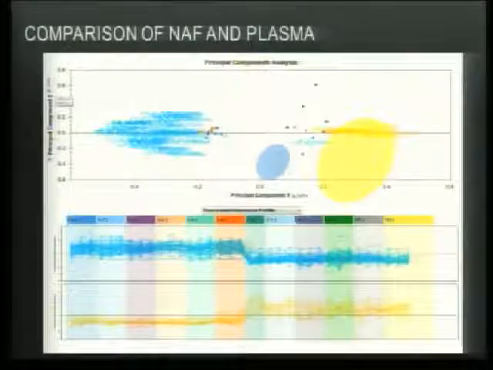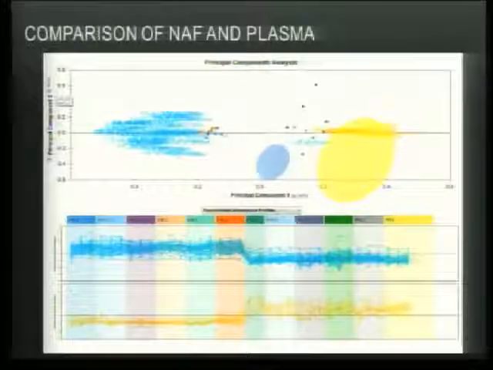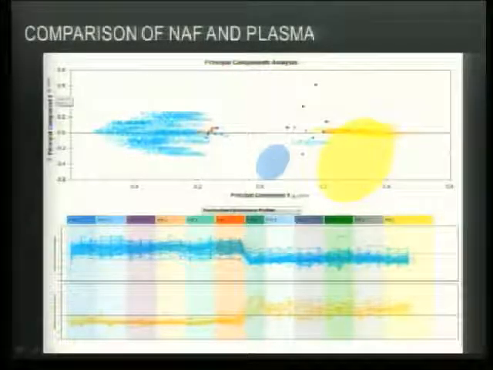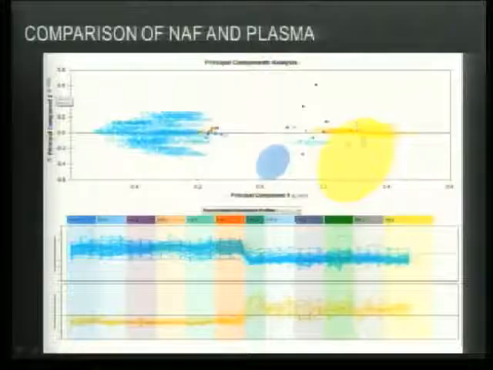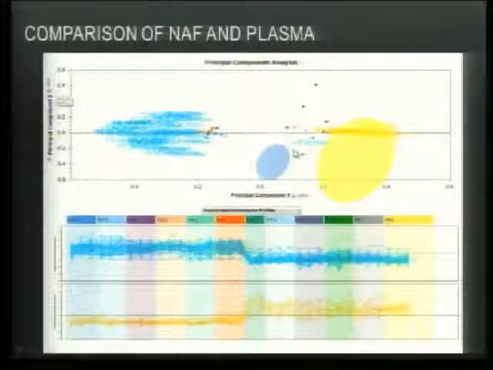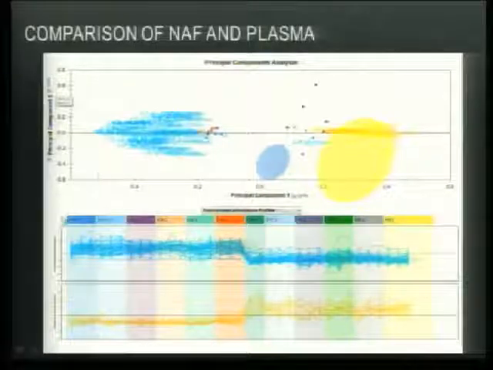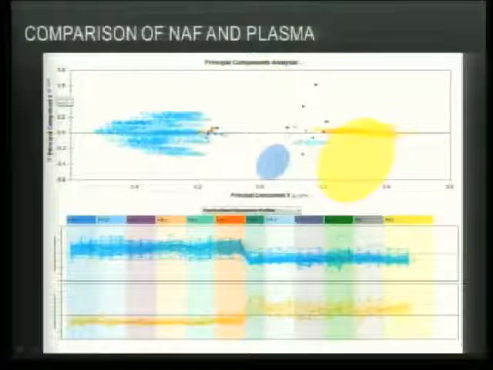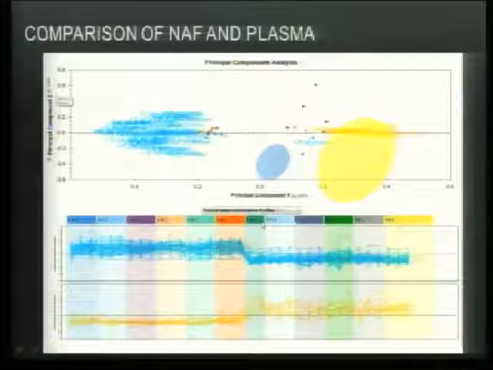So Waters is trying to sell you software, and so the output is very colorful. But again, this is just a PCA analysis. This is the NAF, this is the plasma, these are all the labels. And you can see you get pretty good separation between NAF and plasma. Down here, each column is a different NAF sample, and then here starts plasma, so N's NAF, P is plasma.